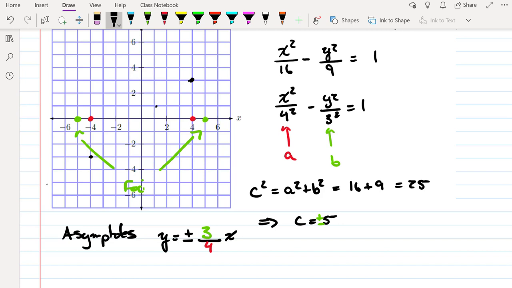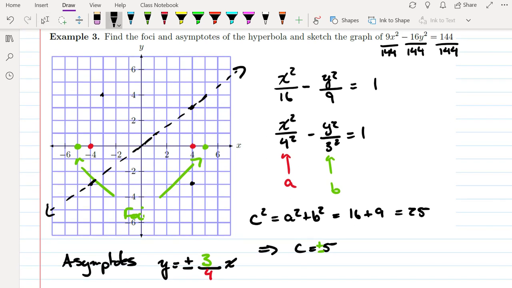All right, let's see if I can connect the dots a little bit better. There we go. So that's our first asymptote, and then our other one, negative 3 over 4, down 3 over 4, left 4, up 3. I did that backwards, so 4 and 3.